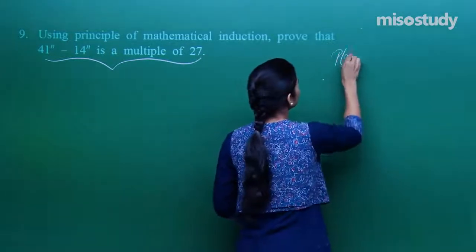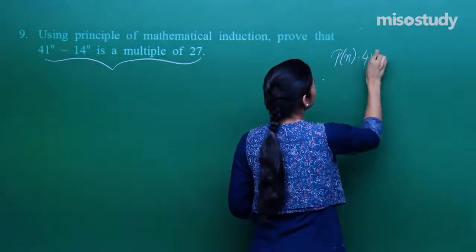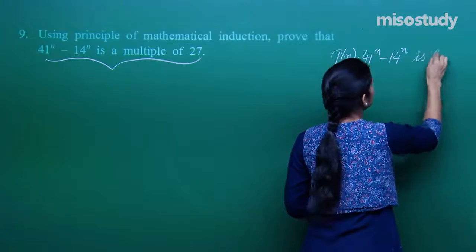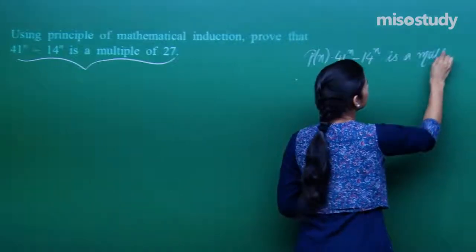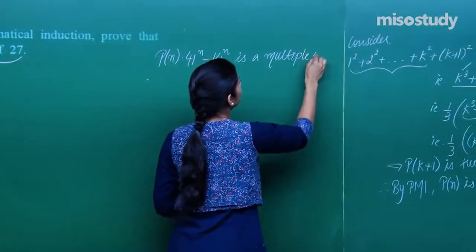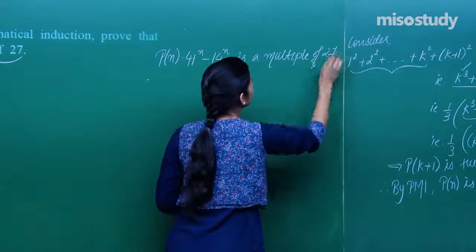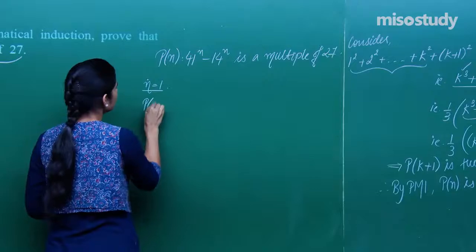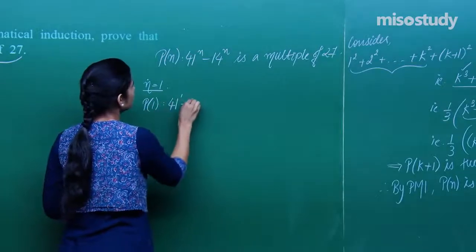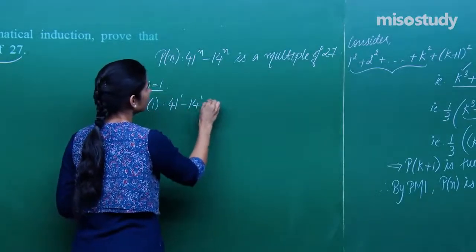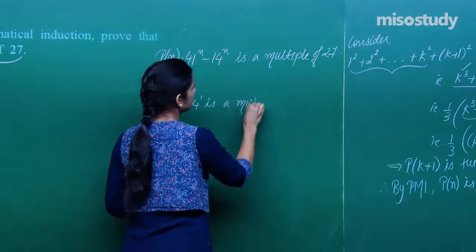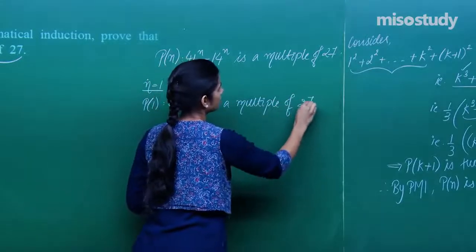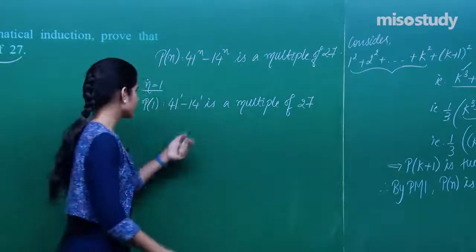So Pn will be 41 to the power n minus 14 to the power n is a multiple of 27. Again, beginning with the same drill, n equals 1. P1 says 41 to the power 1 minus 14 to the power 1 is a multiple of 27. What is this?